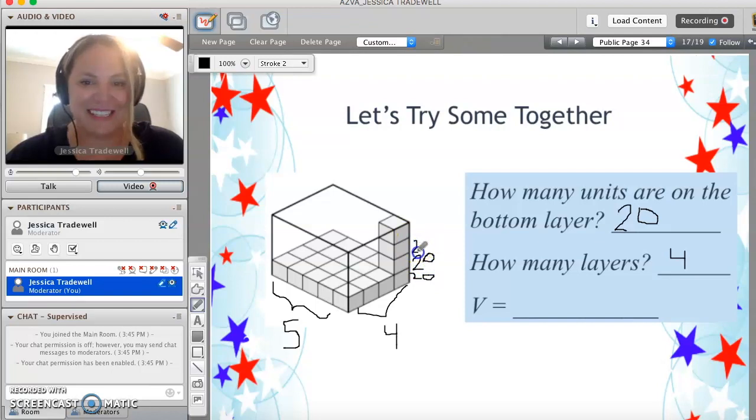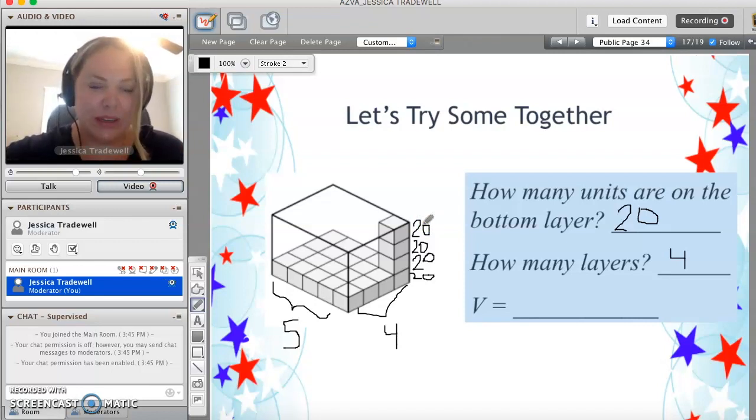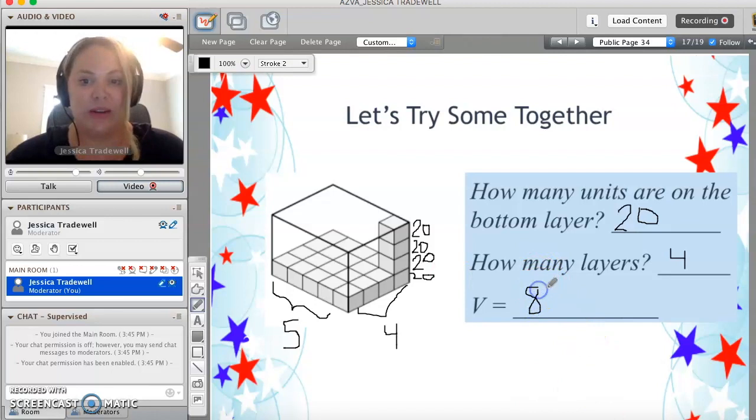Sorry, my writing is so messy. 20 on the third layer and 20 on the fourth layer. All together, how many cubic units is this prism? 20, 40, 60, 80. 80 cubic units. Go ahead and write that on your whiteboard. 80. What's the unit? Cubic units.